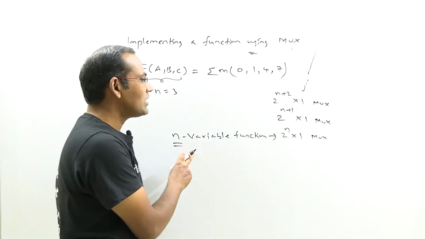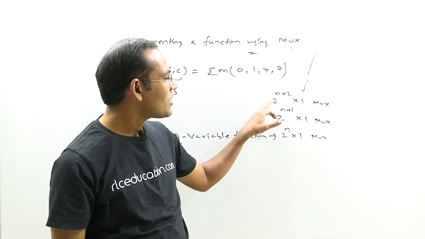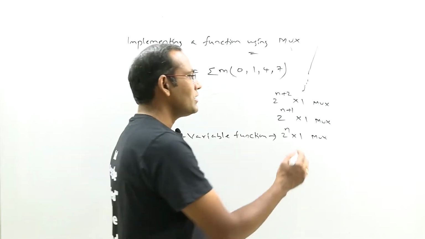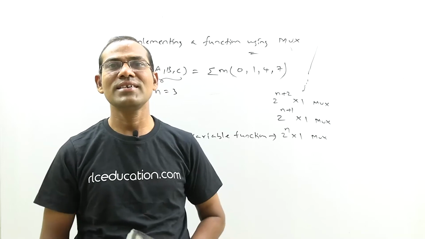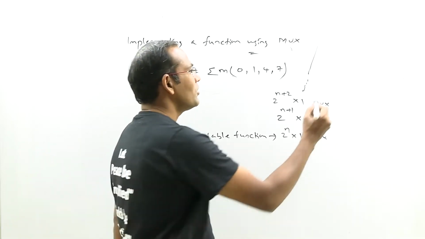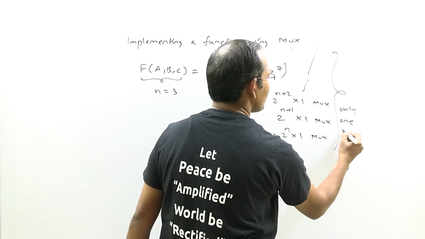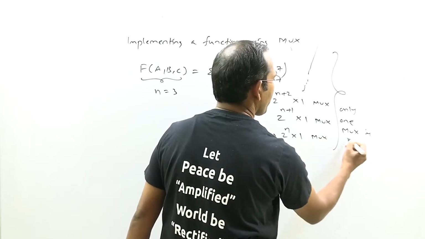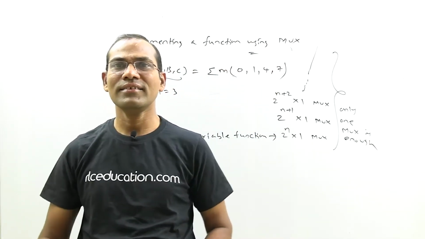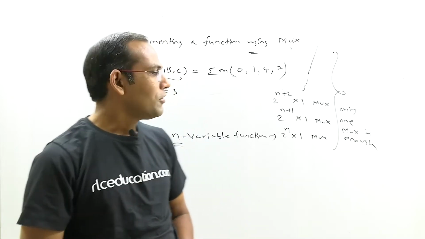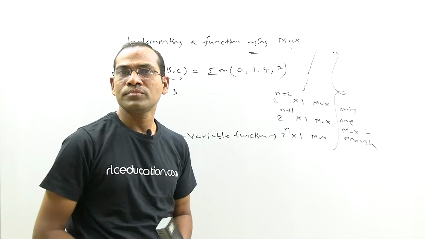Whenever an n variable function is implemented using any of these, just that mux is enough. No extra gates are needed. Only one mux is enough. No extra gates, nothing. That's about implementation by using these type of multiplexers.